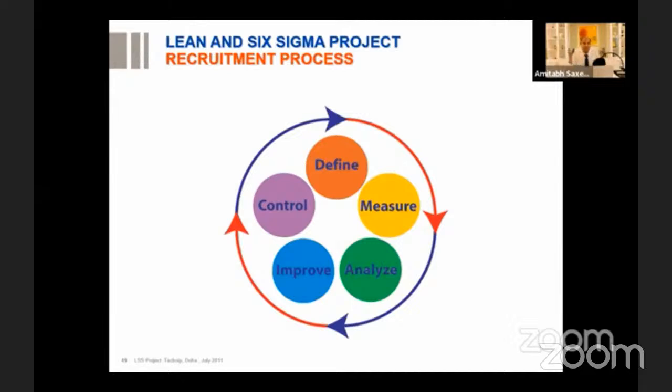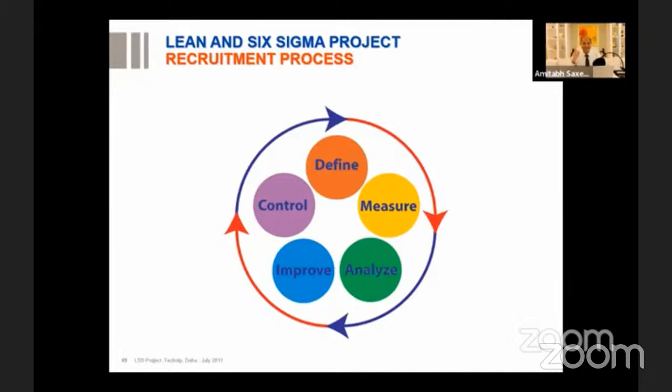Typically, we give solutions. Oh, recruitment cycle time is high. Increase the staff. What does it mean? Your assumption is that lack of staff, lack of strength of the staff, is the root cause of your recruitment time. No, not necessarily. Even if I have 100 staff members, maybe I'm not getting the right CVs. That is the root cause.